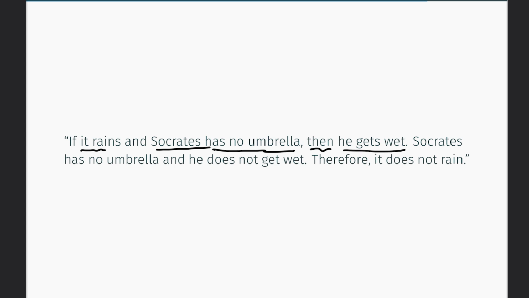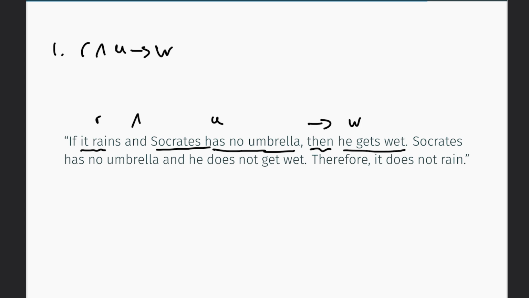So it's the if-then construction again. He gets wet, we denote it using W from before. He has no umbrella, we denote it using U from before. It rains, we denote it using R, and the connective and is the conjunction. So this first statement is, let's note it here, R and U implies W.